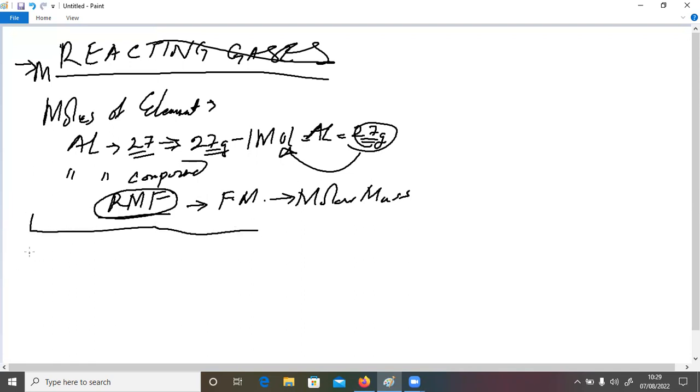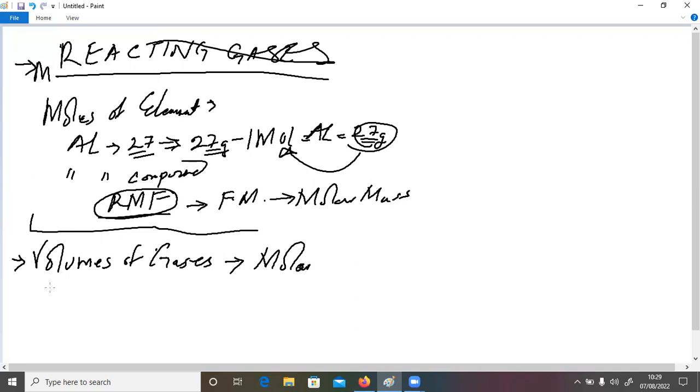From there, we also discovered something about the volumes of gases.